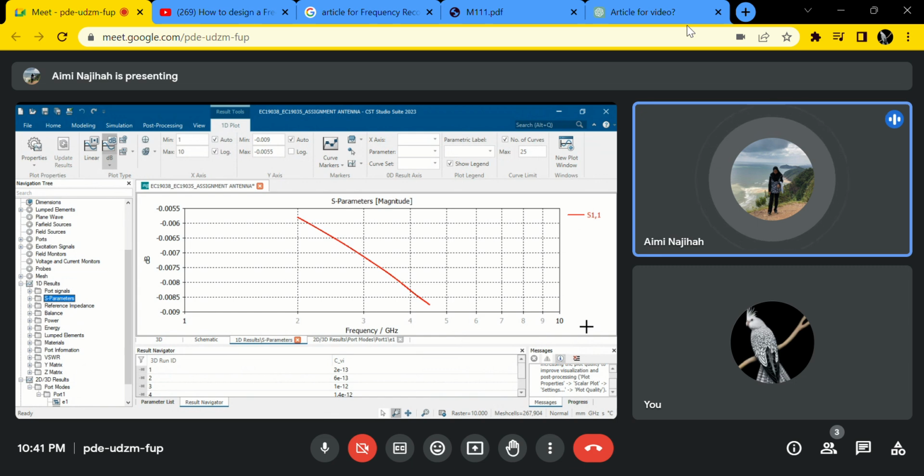Simulated design for the proposed antenna illustrates that it has improved antenna performance in terms of gain and return loss compared to the antenna from the designated article that we got.